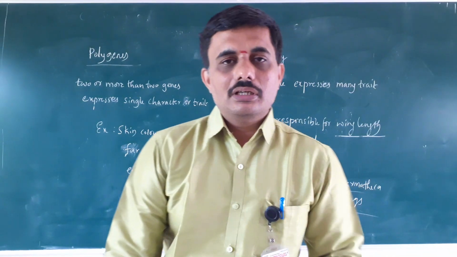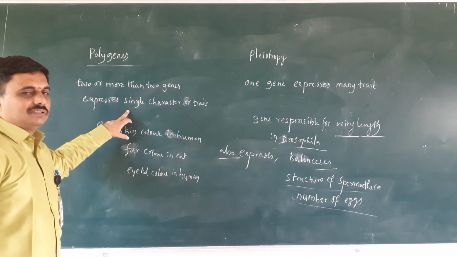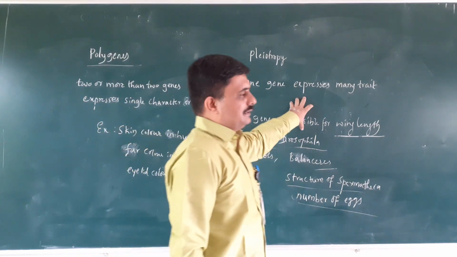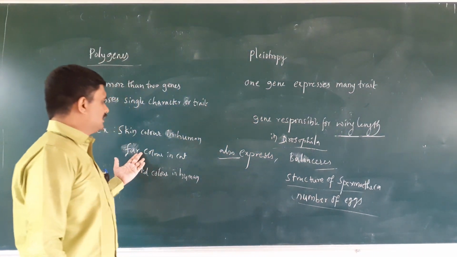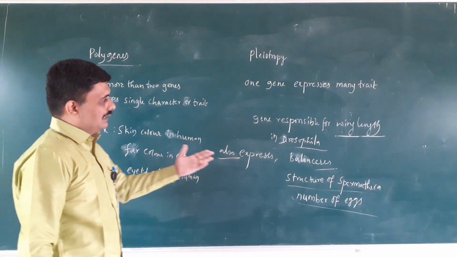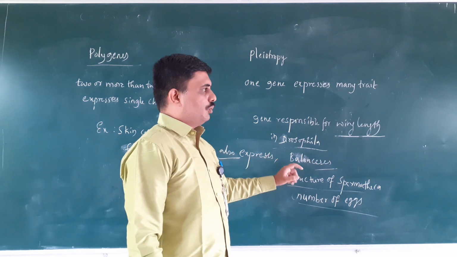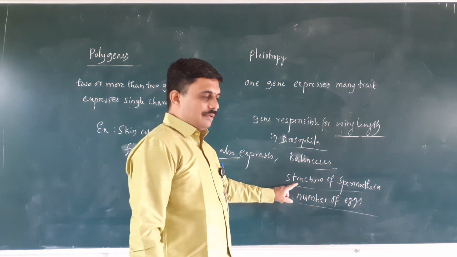Many genes expressing a single character is called polygene, and one gene expressing many traits is called pleiotropy. The example of polygene is the skin color in human beings.